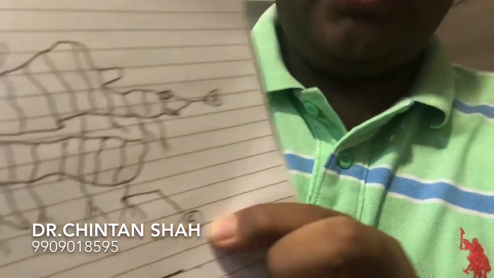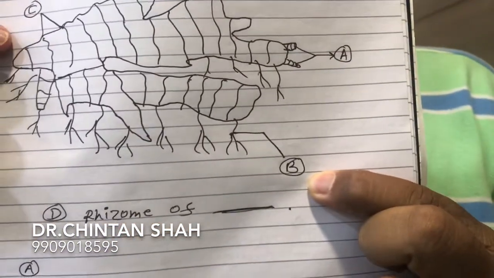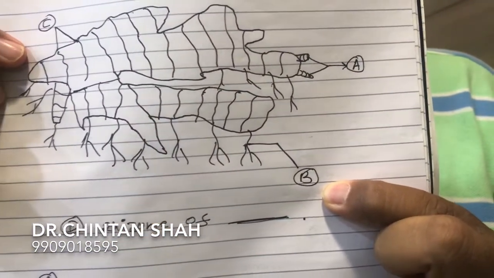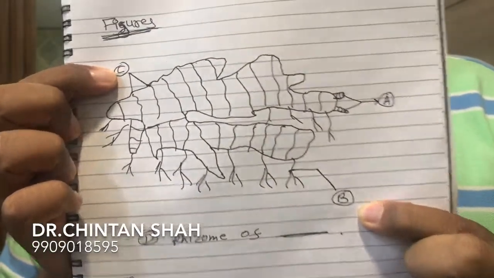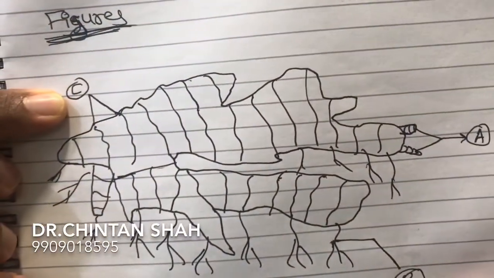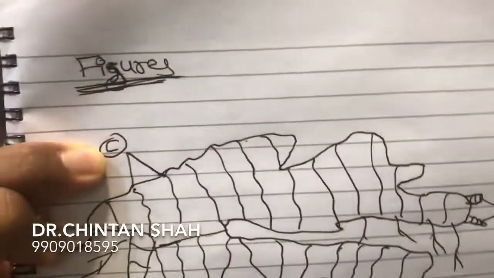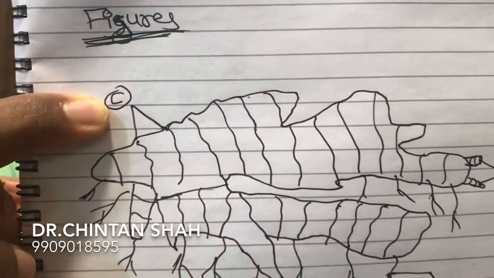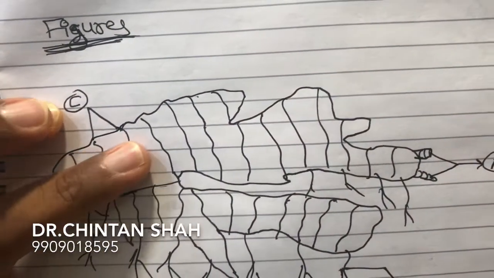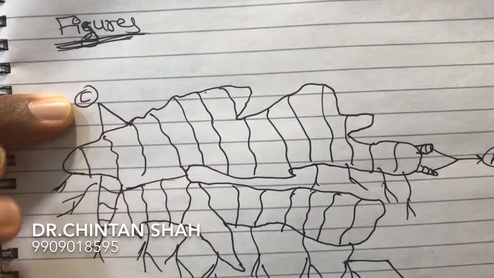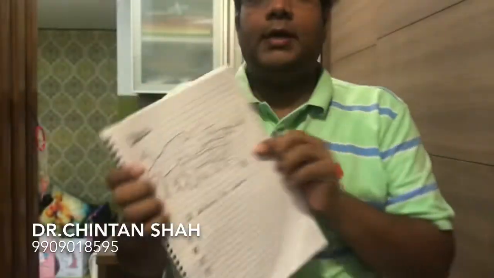Option B is the adventitious roots. Option C is the nodes, and this is the internode, in between the two nodes. That's how you can get to know about it.